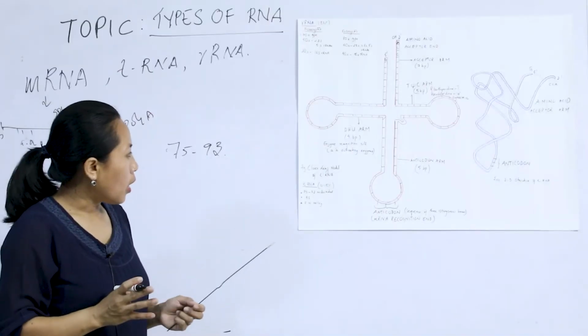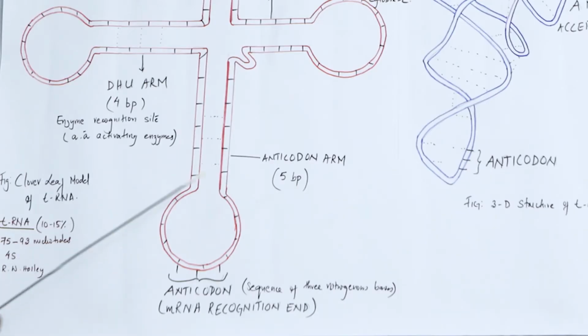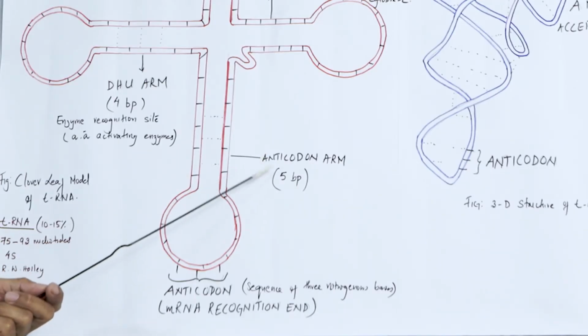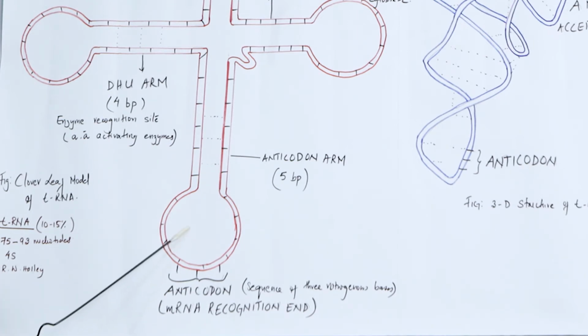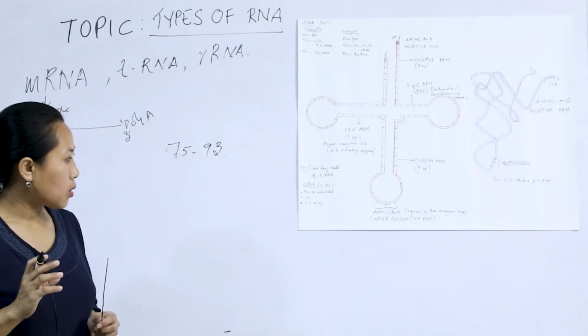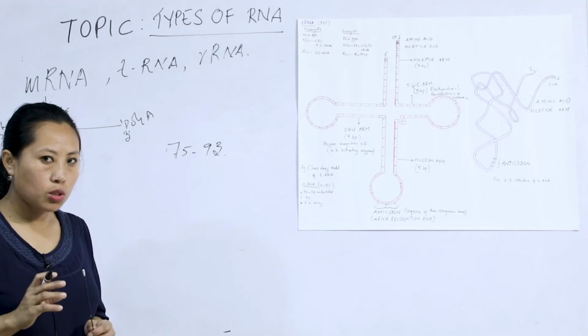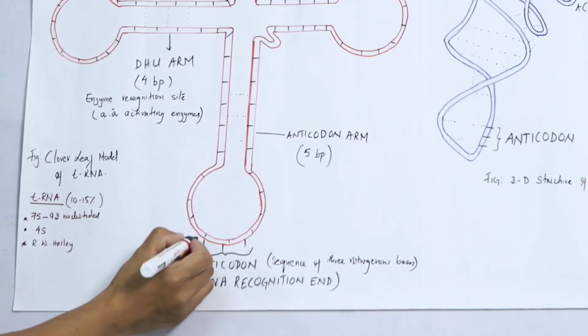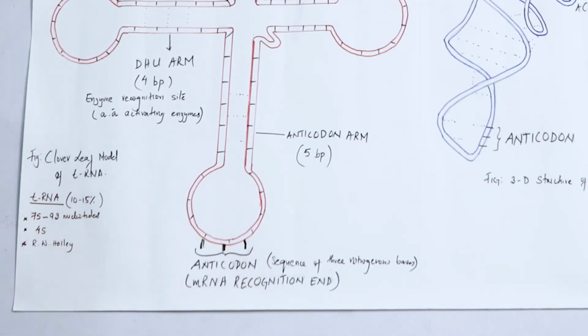Then the other arm is the anticodon arm. The anticodon arm is an arm of 5 base pairs, and it ends in a loop, and the loop region of the anticodon arm has a definite sequence of 3 nitrogenous bases, known as the anticodon.